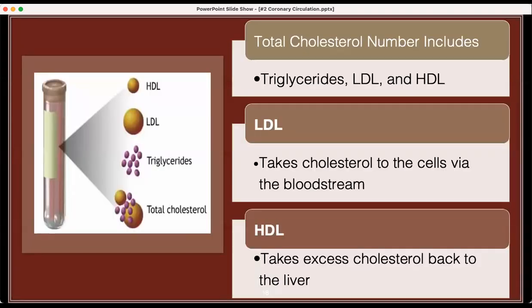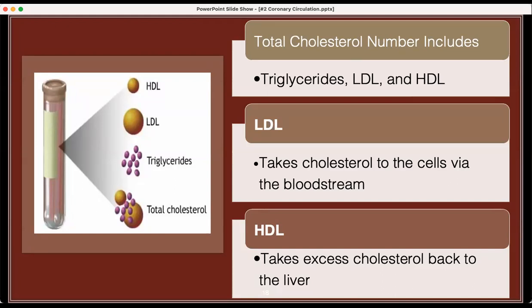This is just a review, reminding you of what total cholesterol is. It's made up of HDL, that's otherwise known as the good cholesterol, and LDL, the low density lipoproteins. LDL is around in the bloodstream because it's on its way to taking cholesterol to cells, because cholesterol actually is needed in cellular growth, like in cellular membranes.